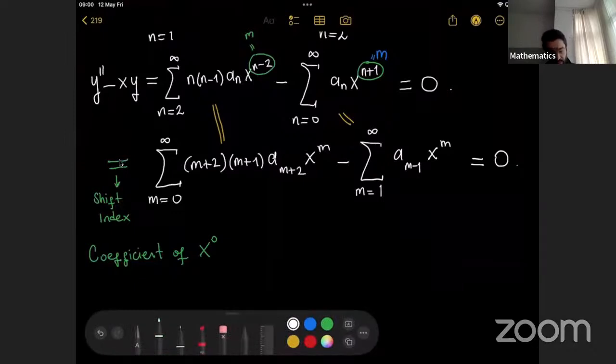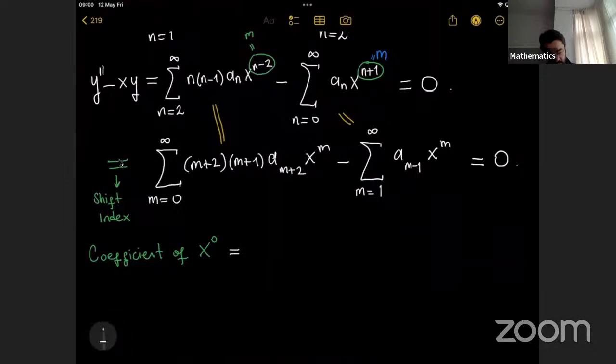When m is equal to 0, it's basically 2 times 1 times a2.